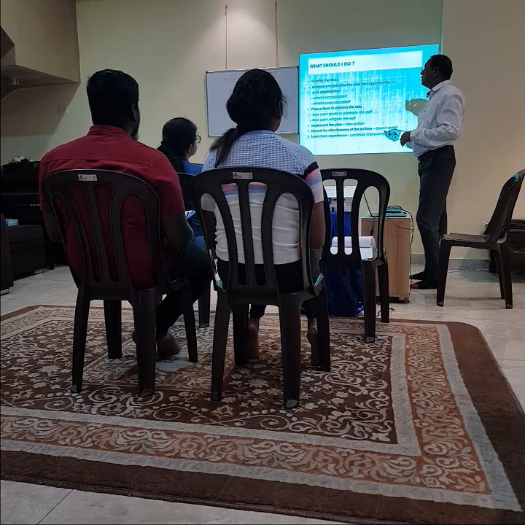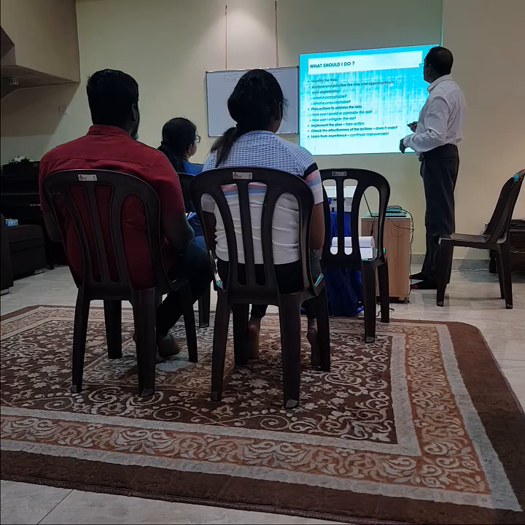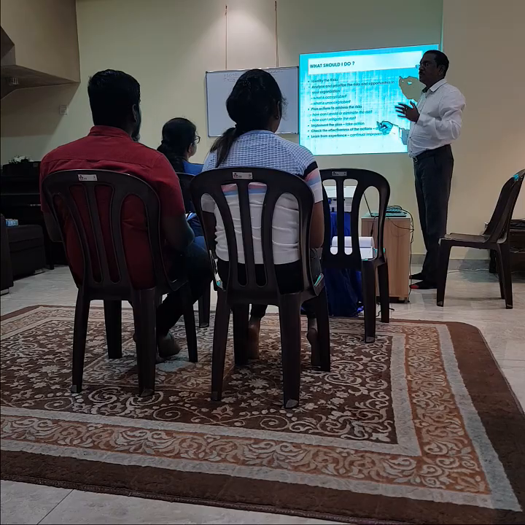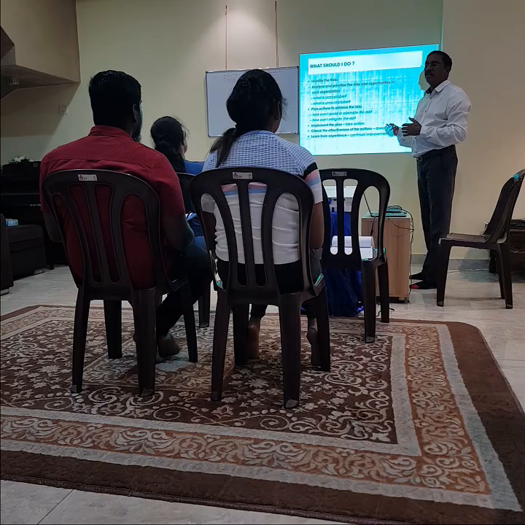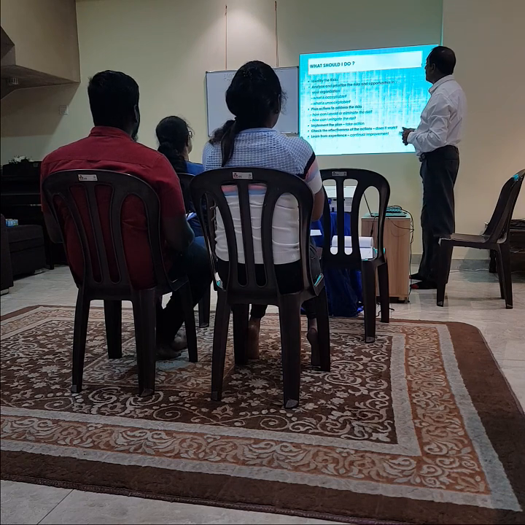So what are the risks? Identify the risk. Analyze and prioritize the risks and opportunities. When you have the risks, which one is first, which one second, which one third, which one fourth. Sometimes the risk is very high, you have to handle that risk first. What is acceptable, what is unacceptable.